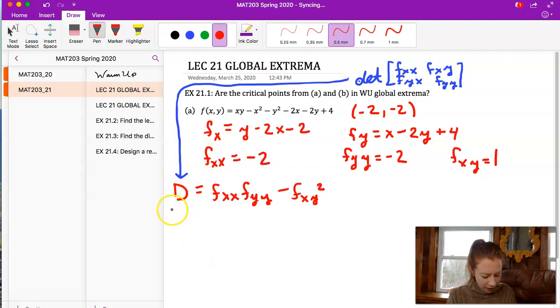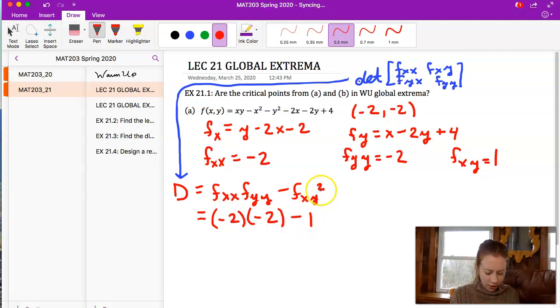Okay, let's keep going. So for D, we end up with minus 2 times minus 2 minus 1 squared, which is 1. And so we end up with 4 minus 1, which is 3, which is greater than 0, which means we have a min or max.